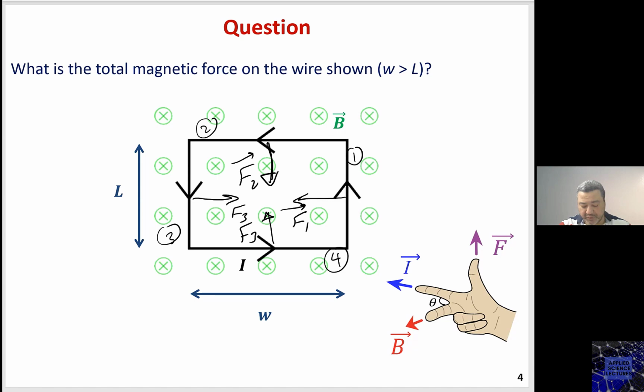So this is F4. So here I have F2 magnitude equals F4. I have F1 equals F3. And in this case, the net force applied on this loop is 0.